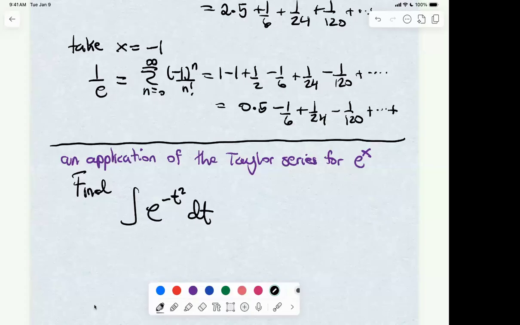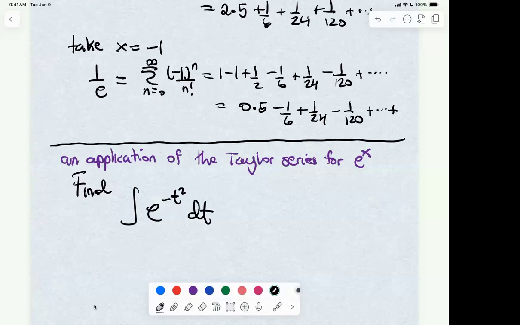You can try whatever you have learned so far and you will fail. You will not be able to find an antiderivative for this function. You can even show that you cannot find a formula in terms of things that you would recognize.